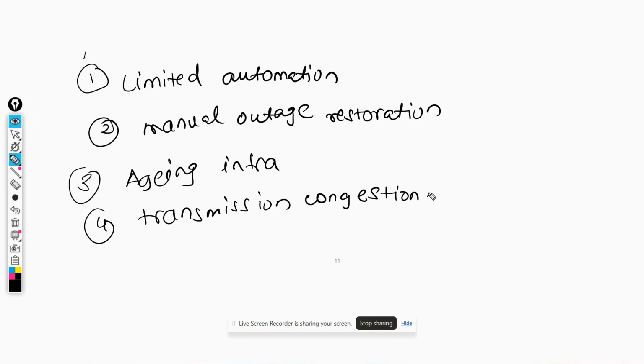Generally, this phenomenon is known as transmission congestion. And finally, the communication remained one way, or we can say one way communication. Consumers simply consumed electricity. There was no two-way communication between consumers and utilities.